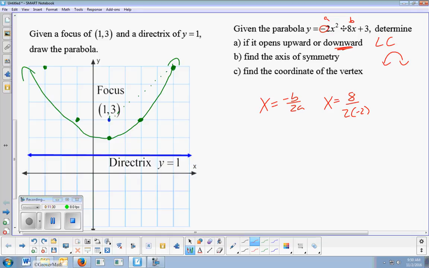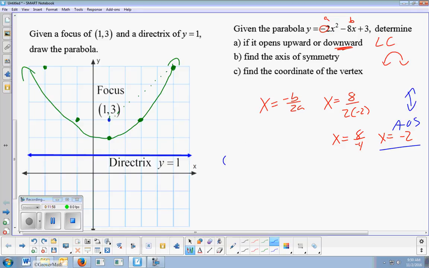And remember, the a, b, and c's are just the numbers, no variables. Like b is just negative 8, not negative 8x, because it's bx. And simplify this, we get 8 over negative 4, and it comes out to be x equals negative 2. So that's your axis of symmetry. And don't forget, it has to have the x equals. A lot of times people just say it's negative 2. That's not true. It's x equals negative 2. It is a vertical line.